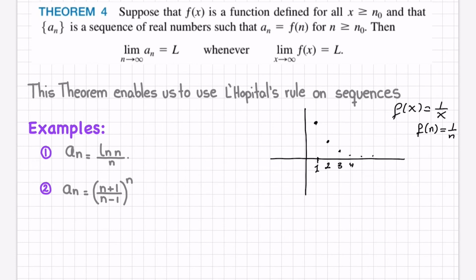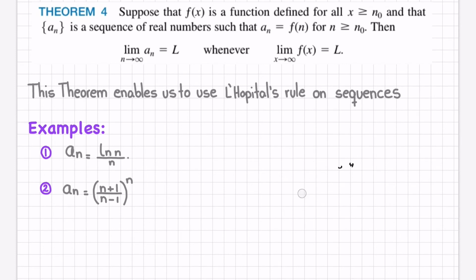So knowing that, we can find if many more sequences converge or diverge. Okay? Let's look, for example, at ln n over n. This is what allows for us to do L'Hopital for sequences. This theorem enables L'Hopital's rule.